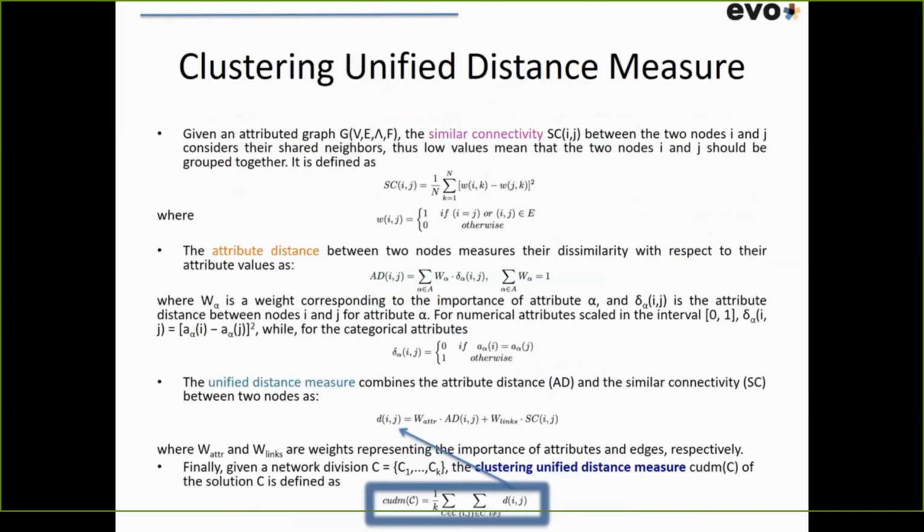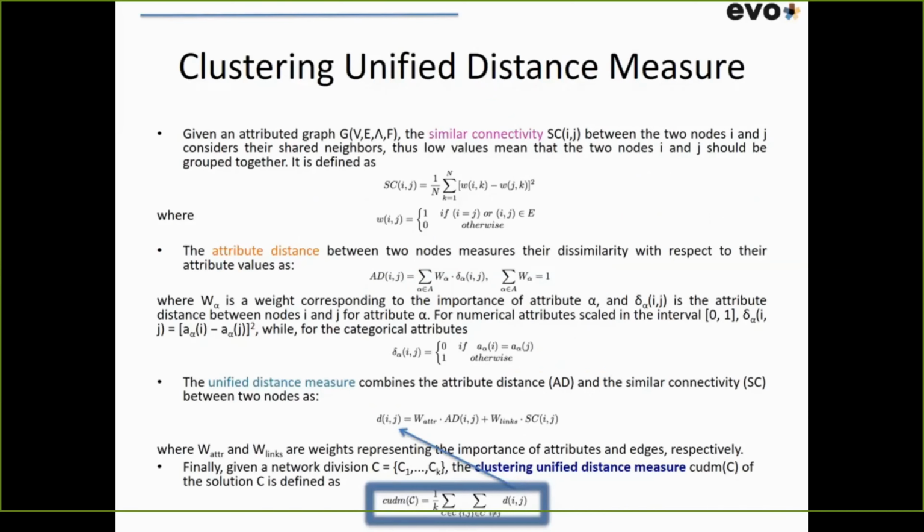Now I'll introduce the fitness function adopted in our scheme. Due to time constraints, I will briefly describe it, so please refer to our paper for further details. We exploit the clustering unified distance measure CUDM, which is measured on a particular network division C and which is computed as a sum of all the unified distance measures D between the nodes of the communities.